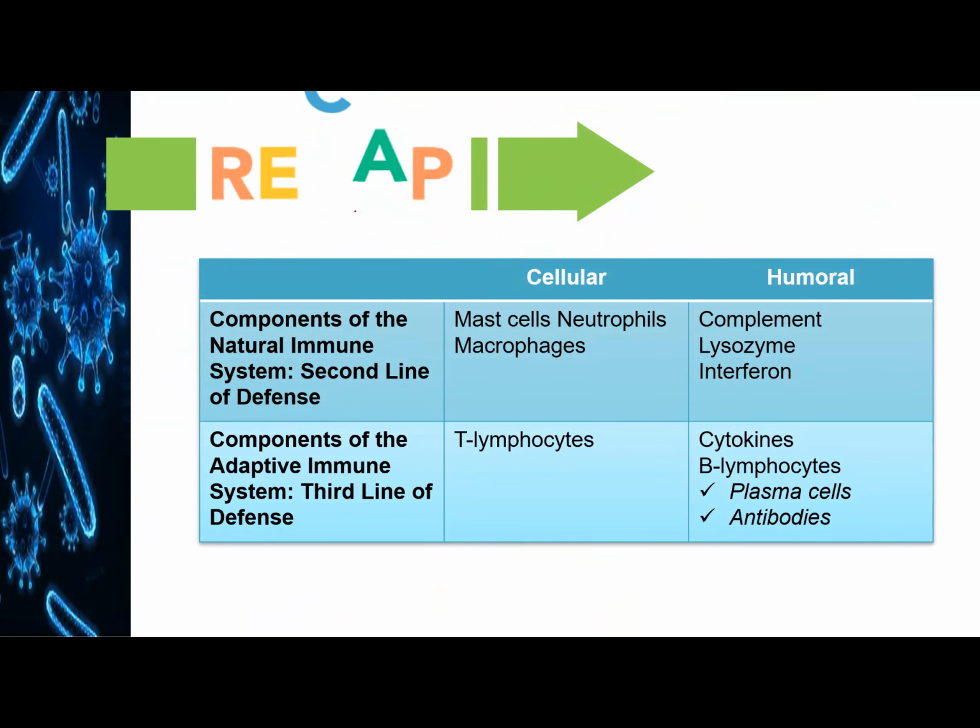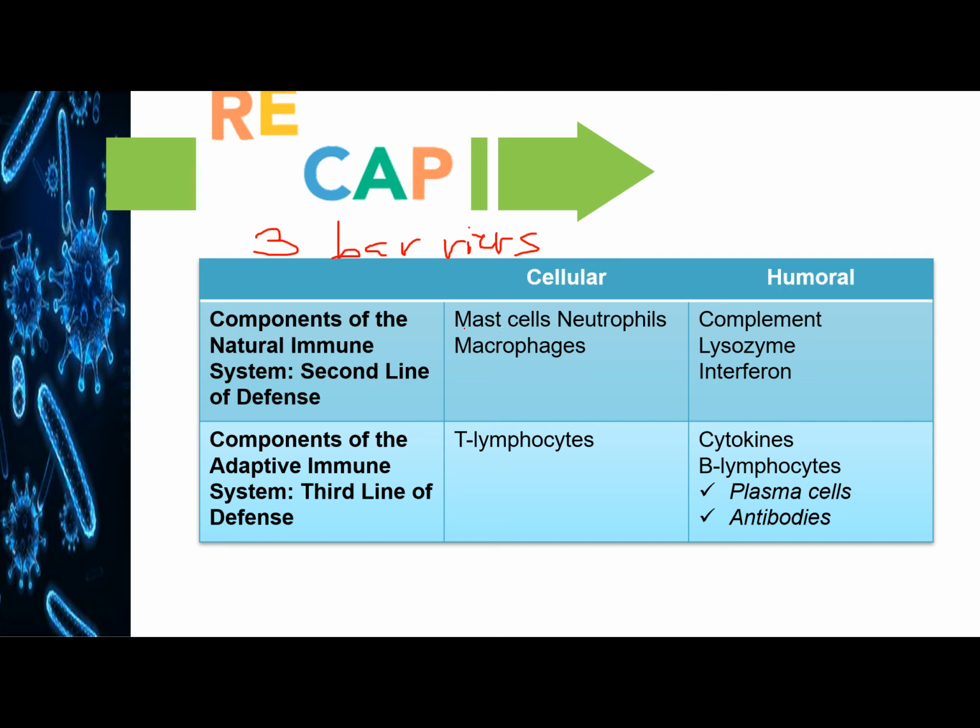Just a quick recap, class, of your Module 2. We have the three barriers, and we'll just focus on the last two. The natural immune system, the second line of defense: the cellular components include your mast cells, neutrophils, and macrophages, while the humoral components include the complement, the lysozyme, and interferon.